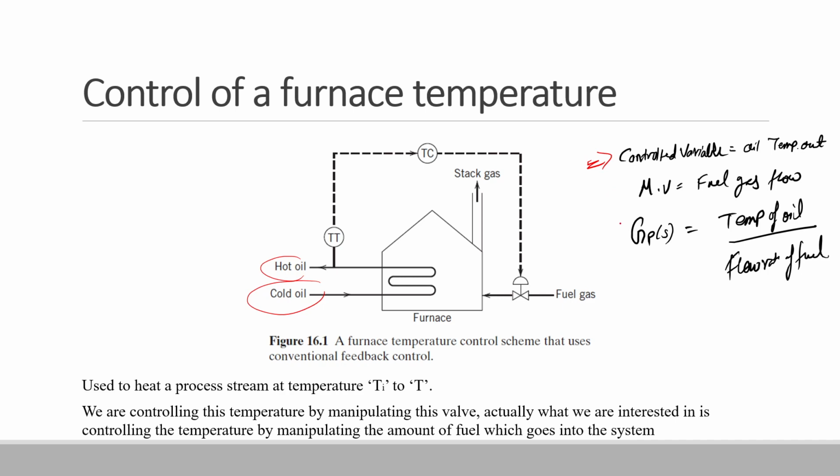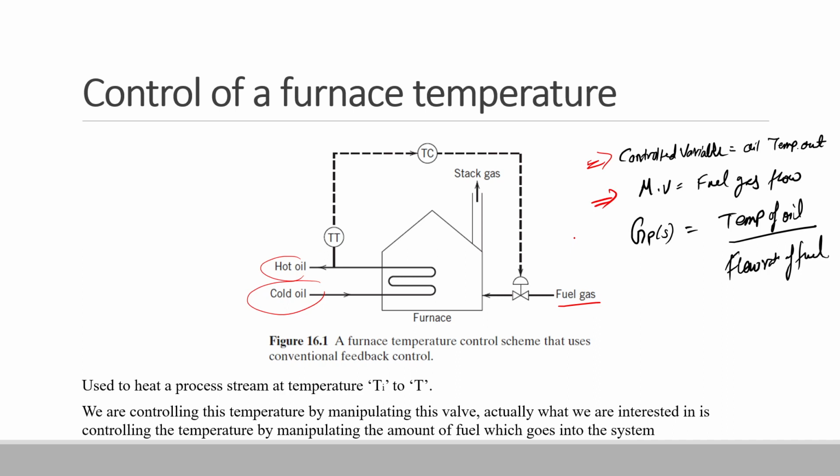An obvious technique is, we are ultimately heating this oil by using this fuel gas that we are burning. So we can control the flow of this fuel gas in order to control the outlet temperature of the oil. So the manipulated variable will be the fuel gas flow.